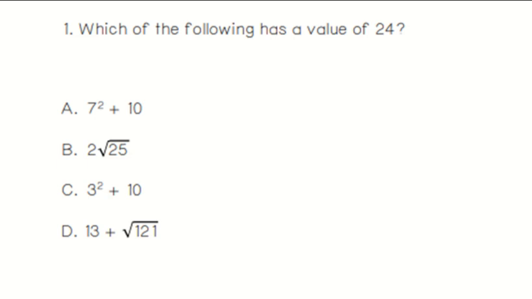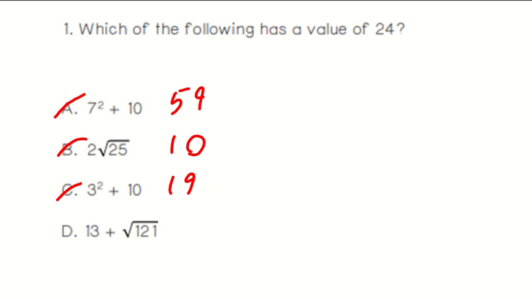All right, A here. 7 squared is 49. 49 plus 10 makes that one 59. Not A. B here, that's 2 times the square root of 25. Square root of 25 is 5. 2 times that is 10. Not that one. C, 3 squared is 9. 9 plus 10, 19.